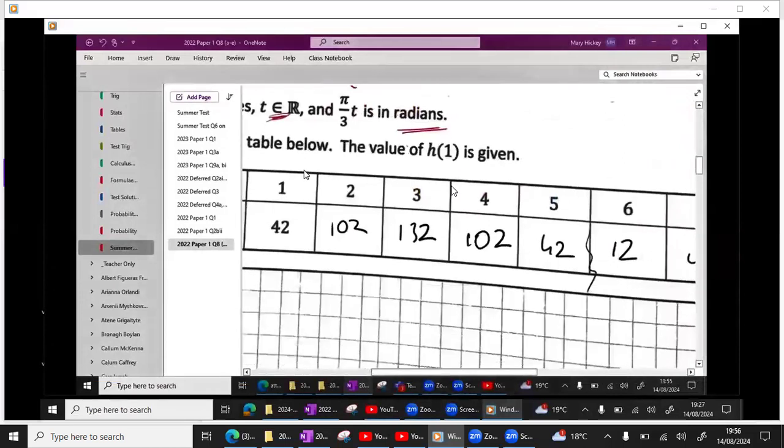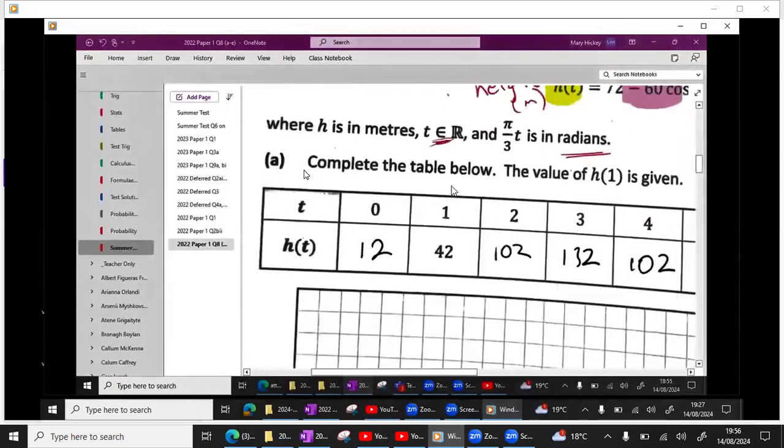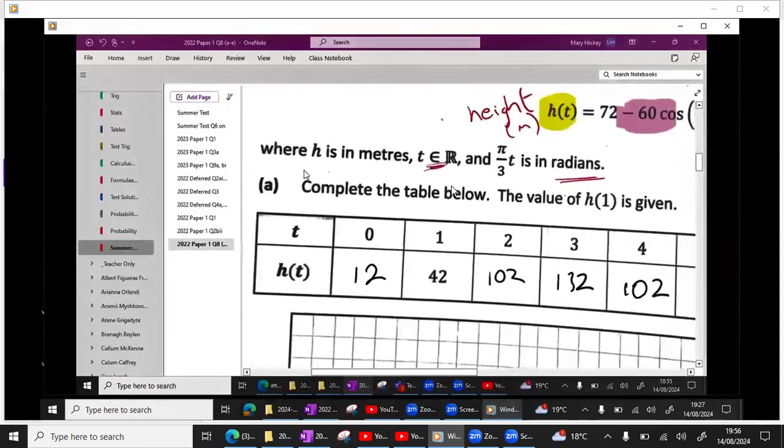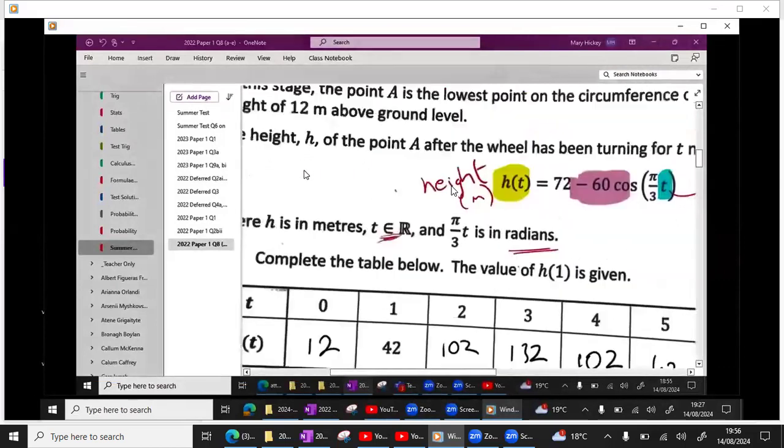And then we have all the ones in between. So at 0 it's 12, at 1 it's 42, at 2 it's 102, and we keep going in that pattern and around again. So it's every 6 minutes.